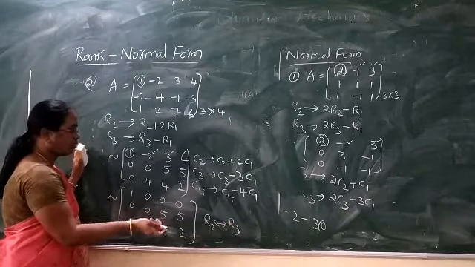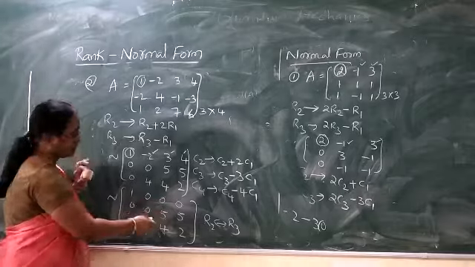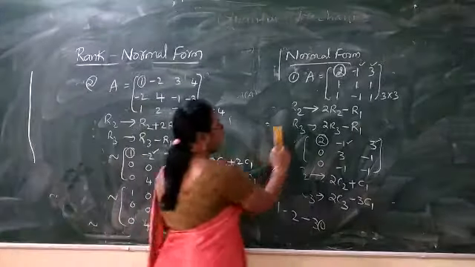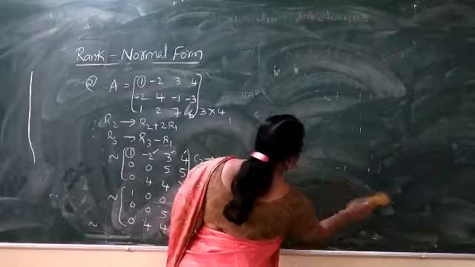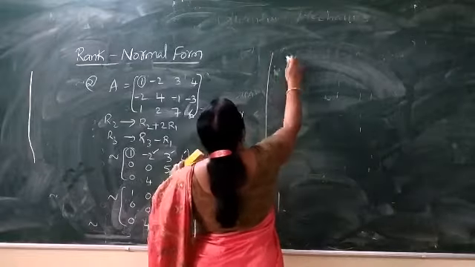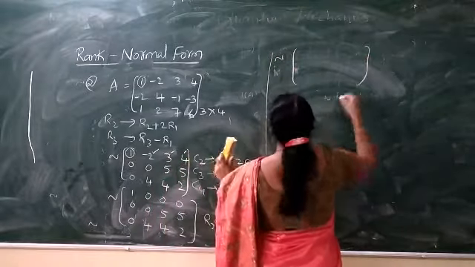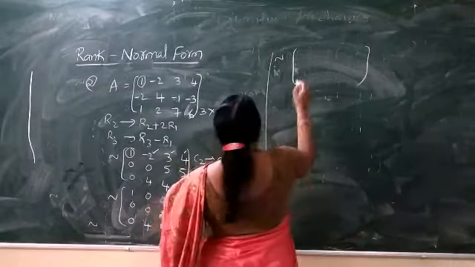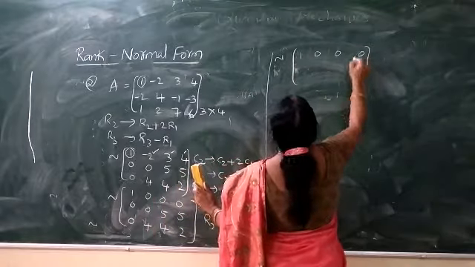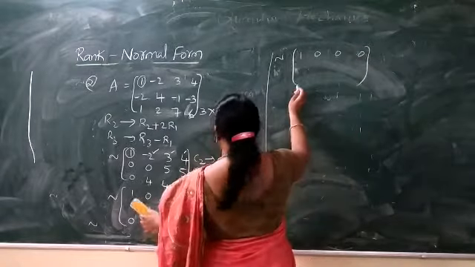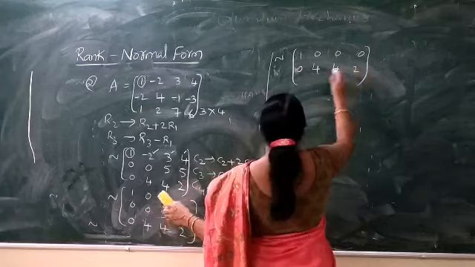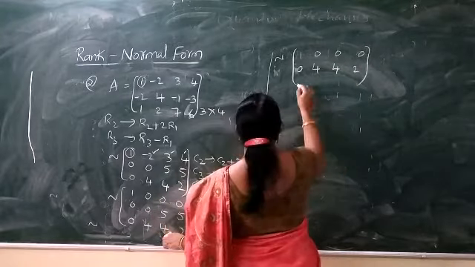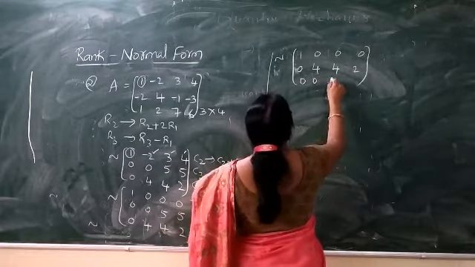We may also go with C2, C3 interchange. When we apply the row 2, row 3 interchange, the first row is 1 0 0 0, the second row becomes 0 4 4 2, and the third row becomes 0 0 5 5.